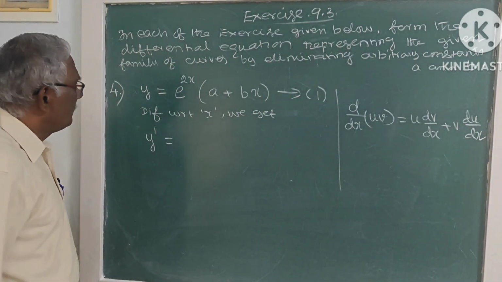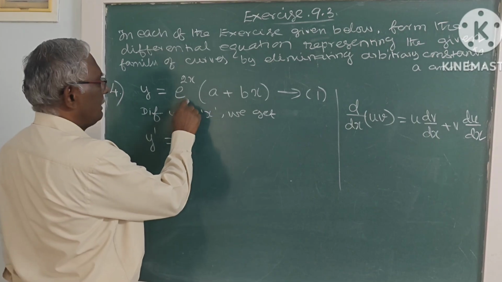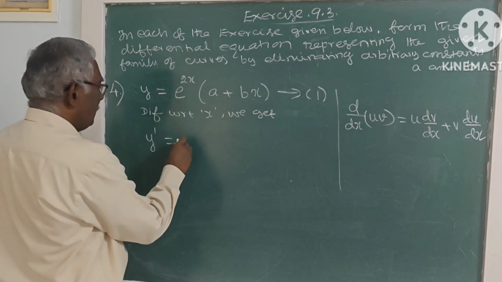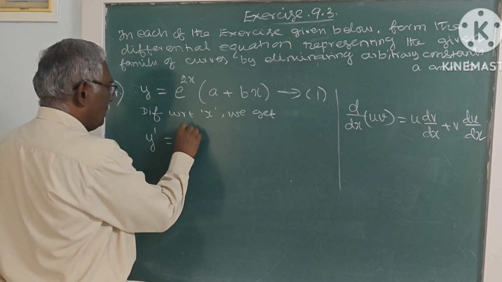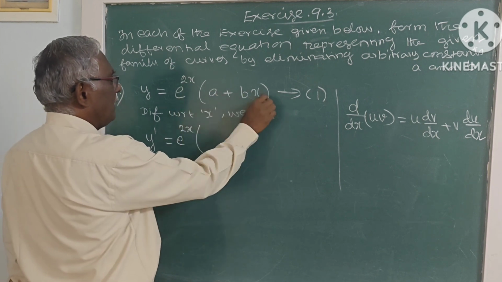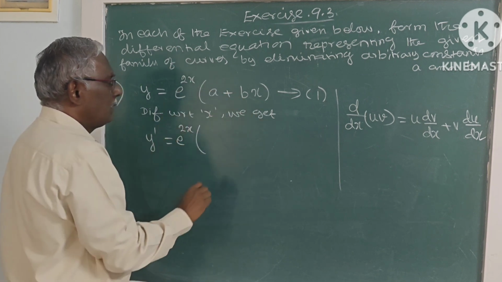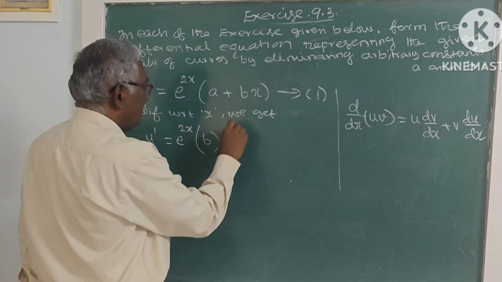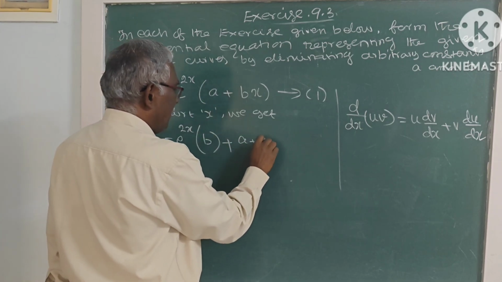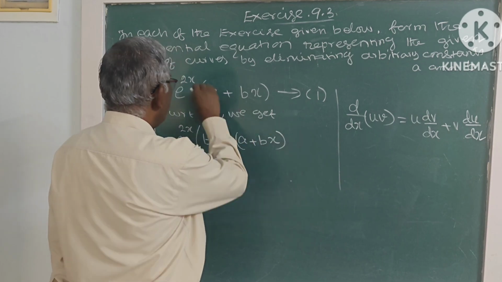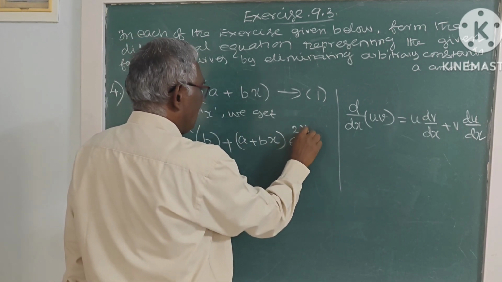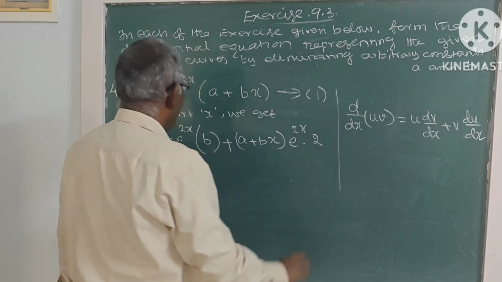So here, e power 2x into, then differentiate a plus bx, we'll get only b. If we differentiate a, 0, only b comes, plus a plus bx into differentiation of e power 2x, which is e power 2x into 2.